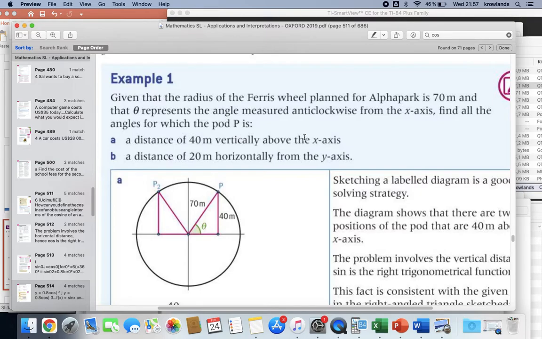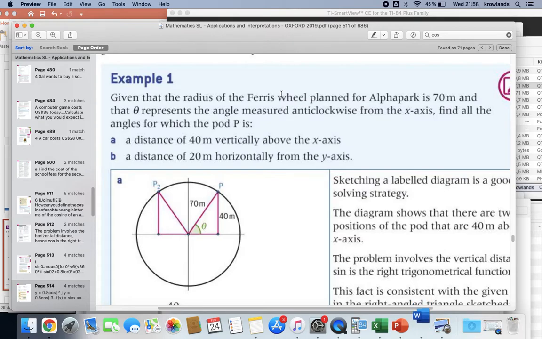Now this sounds pretty complicated. If you're talking about Ferris wheels, this is very typically sine or cosine. And the reason why is because this is to do with the motion of the Ferris wheel. So we're going to get into the intricacies of the problem later.